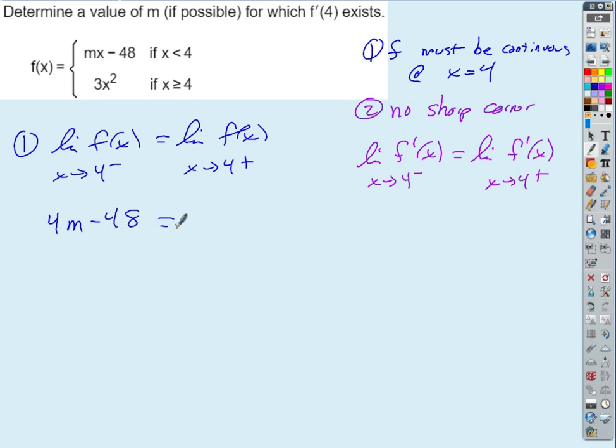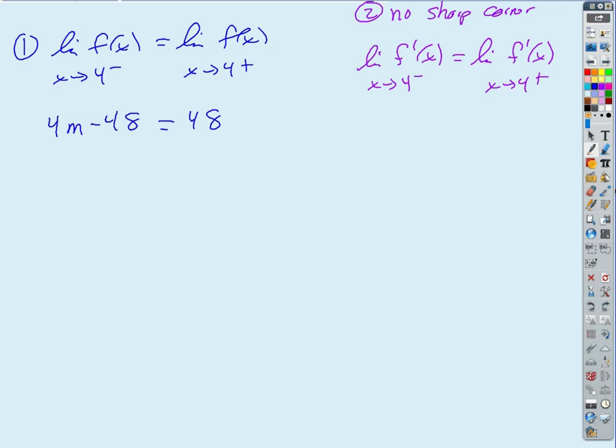What's the limit as f of x approaches 4 from the right? 3 times 4 squared, so 3 times 16 is 48. Okay, so we could solve for m there, right? If I add 48 to both sides, 4m equals 96, so what's m? 24. Okay, so do we have our answer?